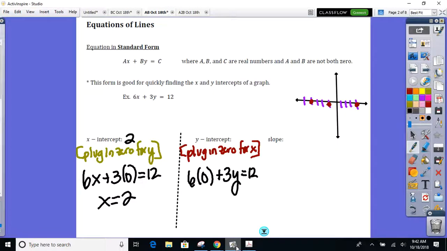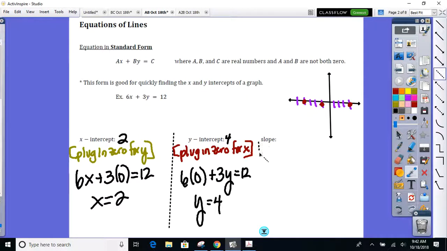When you're ready, let me know the y-intercept. 4, nice job. So I know it goes through the y-axis at 4. I can graph it real quick.